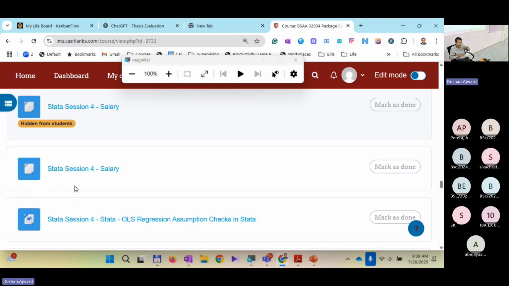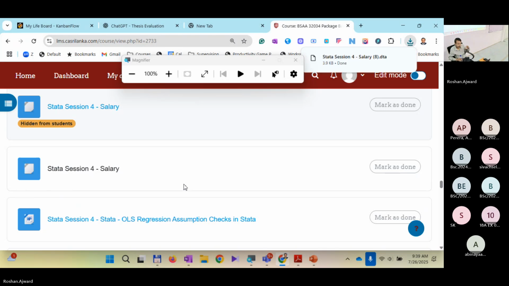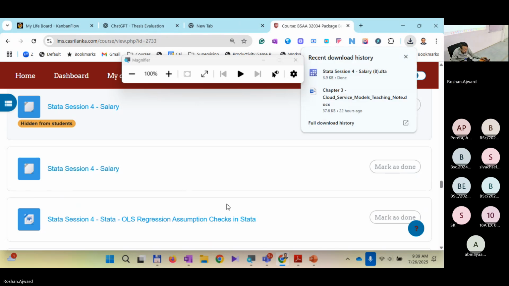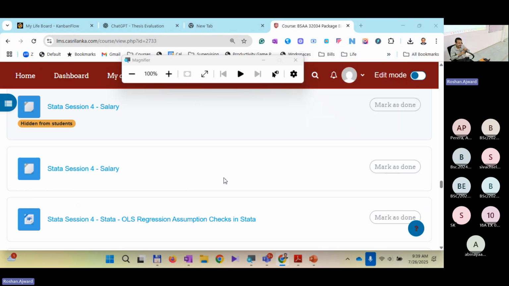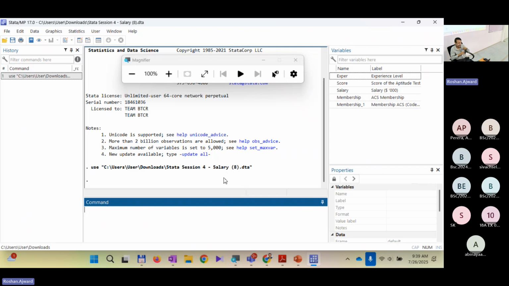Can you please download it? And once you download it, open it. I download it and I'm opening it. This is a Stata data file, so I can just double click and open it because Stata is installed. You have to open Stata and then open it.